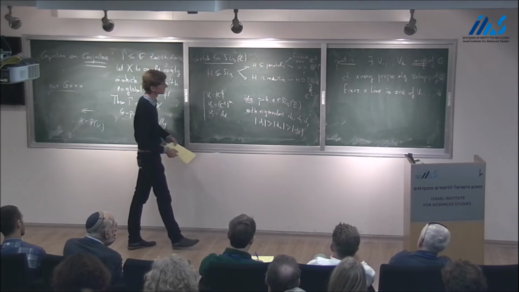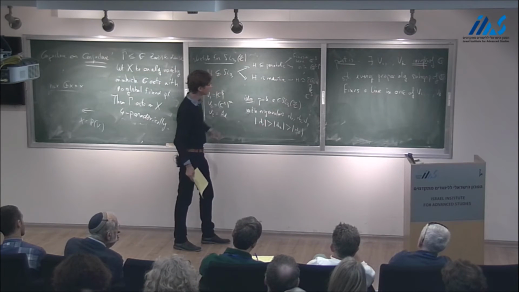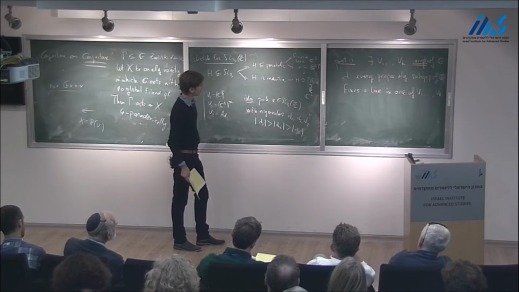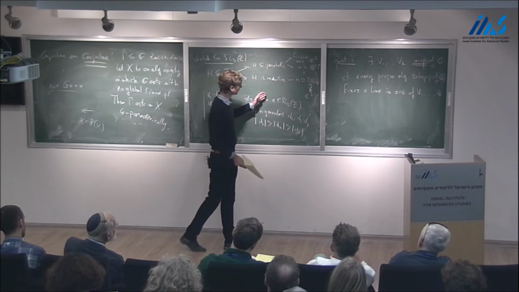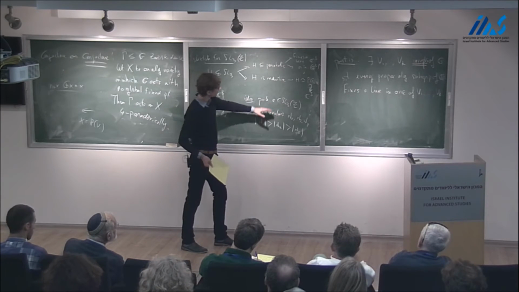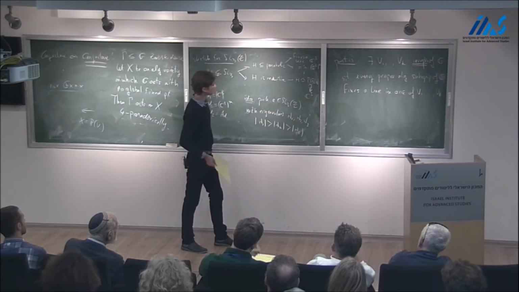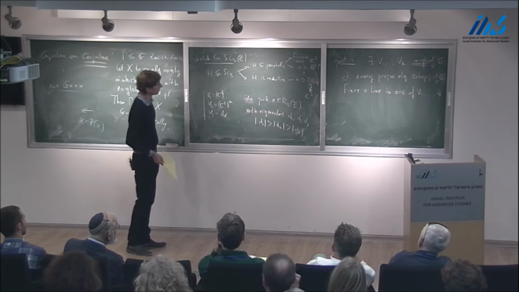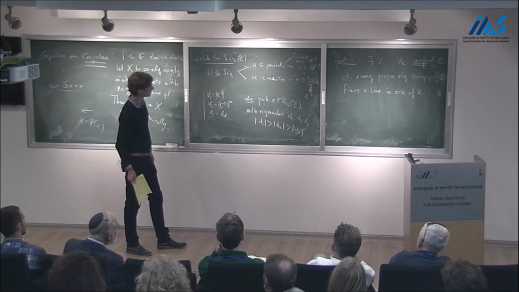It's possible to do this. In SL3Z it's easy to build such things. In general, it's known that every Zariski dense subgroup contains many such elements, called regular elements. It's a theorem of Prasad and Benoist.